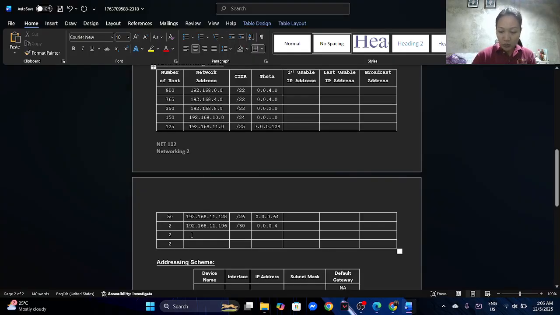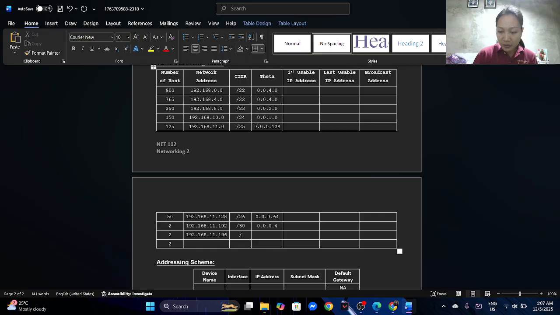So for router 2, network address is 192.168.11.192 plus 4 is 196.